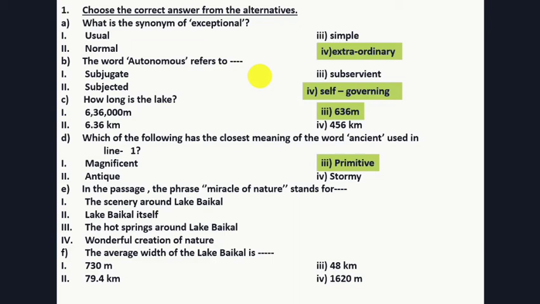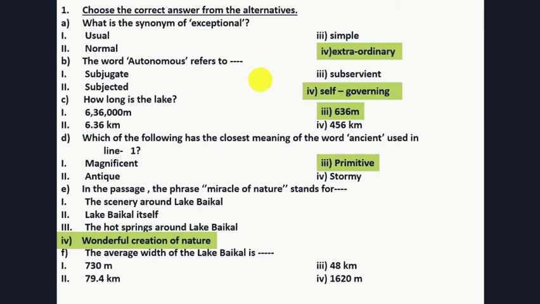In the next question, E: in the passage, the phrase miracle of nature stands for, I already discussed the phrase miracle of nature and its meaning, and that is wonderful creation of nature, and our answer is the fourth option, wonderful creation of nature.